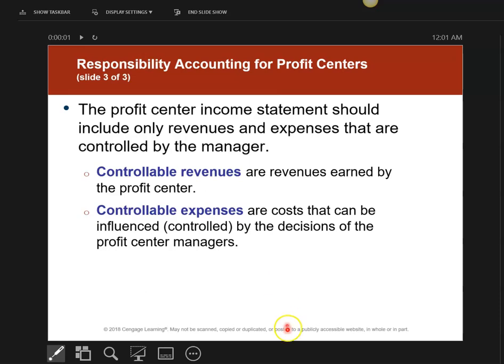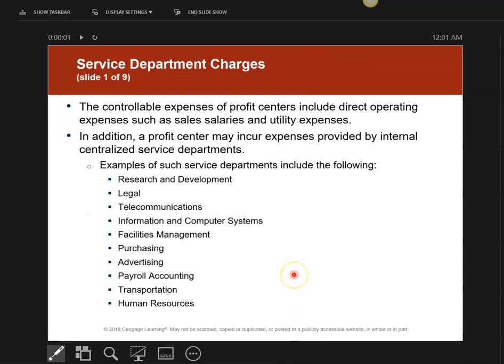When we look at profit centers, we have to look at something called service department charges, because often I'll have a particular department, such as research and development or legal, giving services to multiple locations within my business. These are called service departments, and we have to learn how to deal with service department charges. Examples include research and development, legal, telecommunications, purchasing, advertising, and payroll.